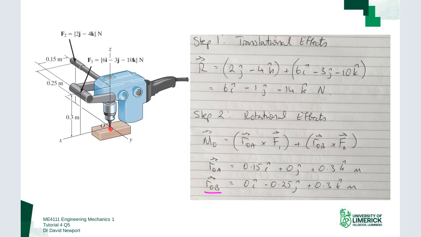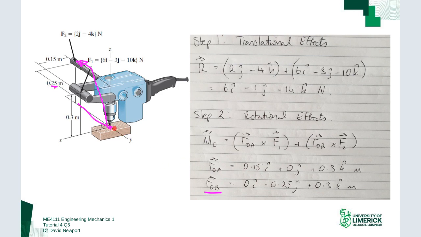For r_OB, again, I do the same thing. I want to get from here up to this point up here. So how do I do that? Well, first off, in the i hat direction, I don't go anywhere. Then I look at the j hat direction, so Y, and I have to go back this distance out to here.